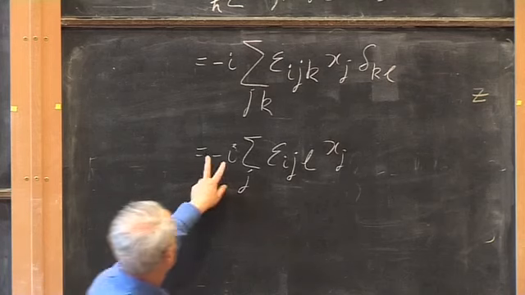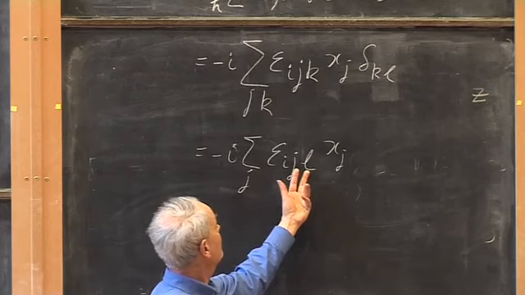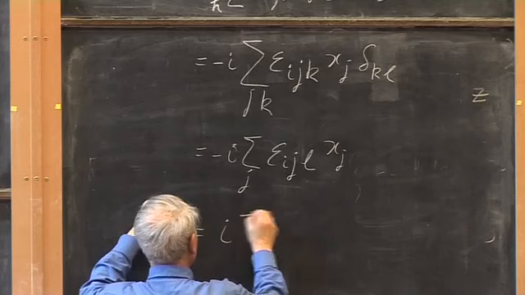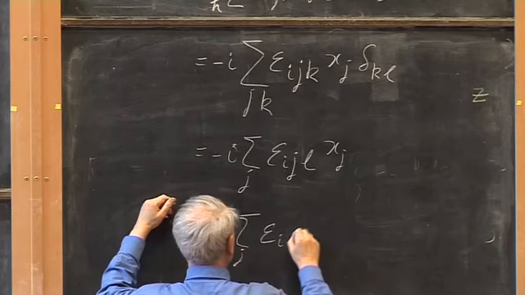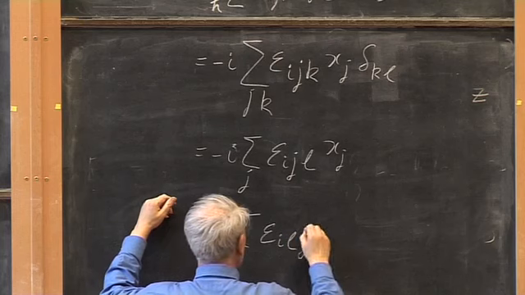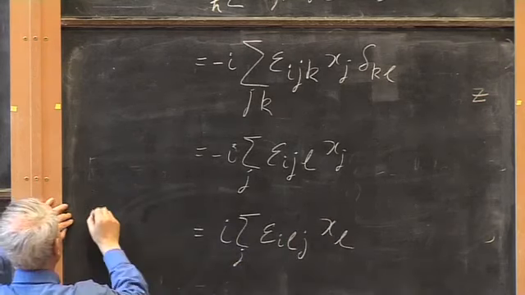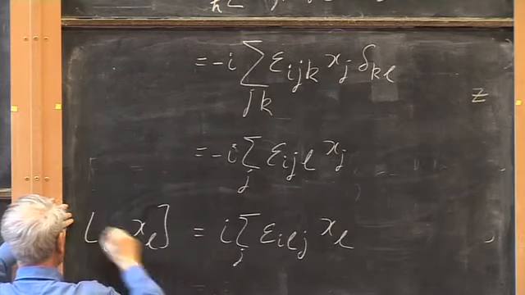And we can get rid of this unattractive minus sign by swapping the order of these two. So we can write this as plus i, the sum over j of epsilon ilj xj. So let me just write in the left-hand side again so we can appreciate the pattern that we're getting.